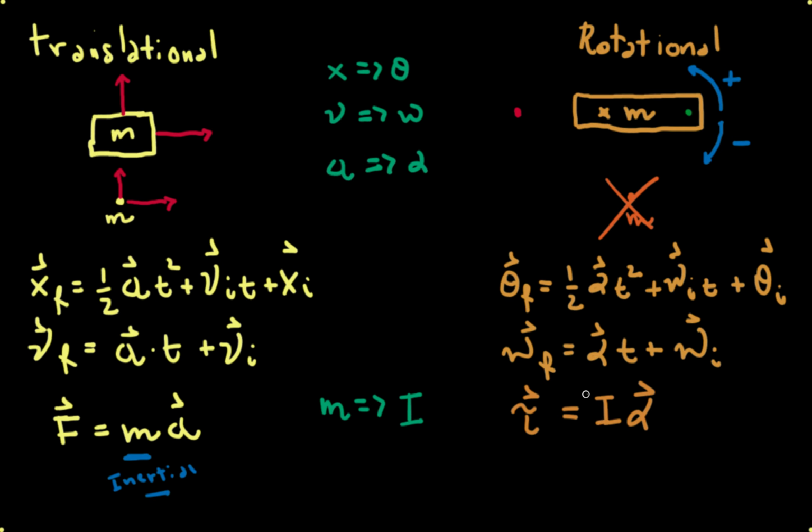So what happens here is, again, I is an inertial term. And force is what changes the motion of an object in a translational way. And torque is what changes the rotational state of motion of an object. So either this way or that way.